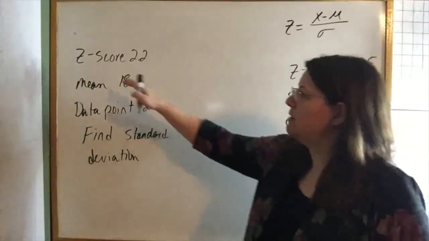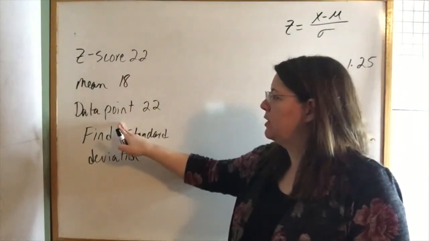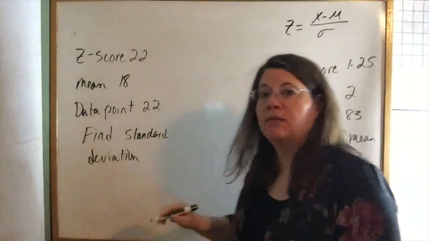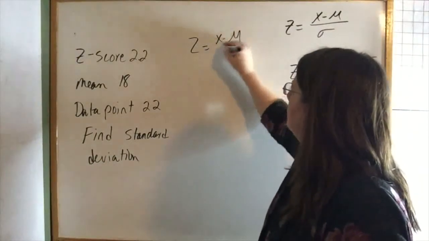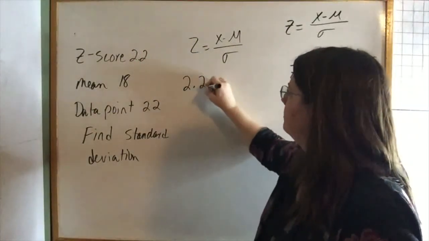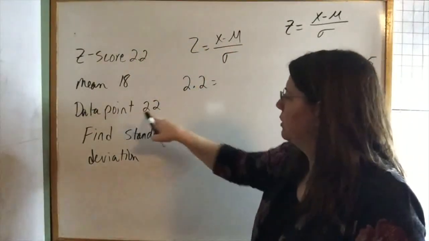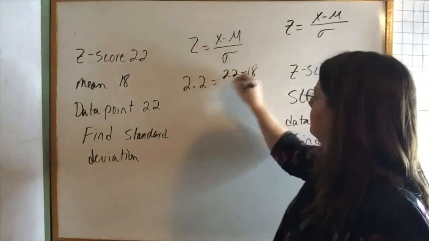So for the first one, it says the z-score is 2.2, the mean is 18, the data point is 22, and they want us to find the standard deviation. So I'm going to use the formula. I know my z-score is 2.2. My data point was 22. My mean was 18.